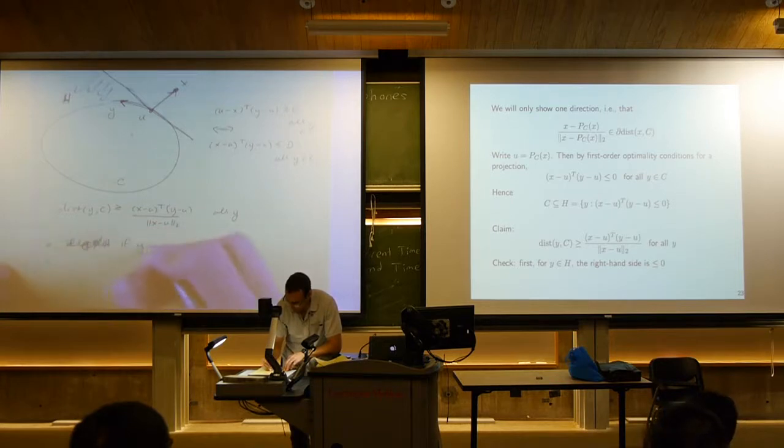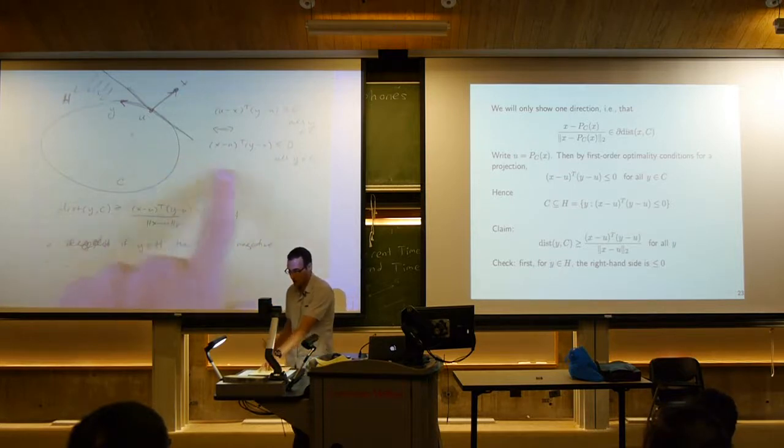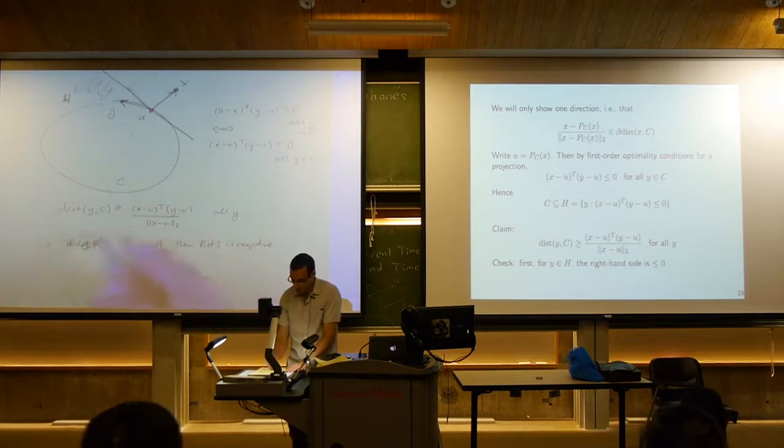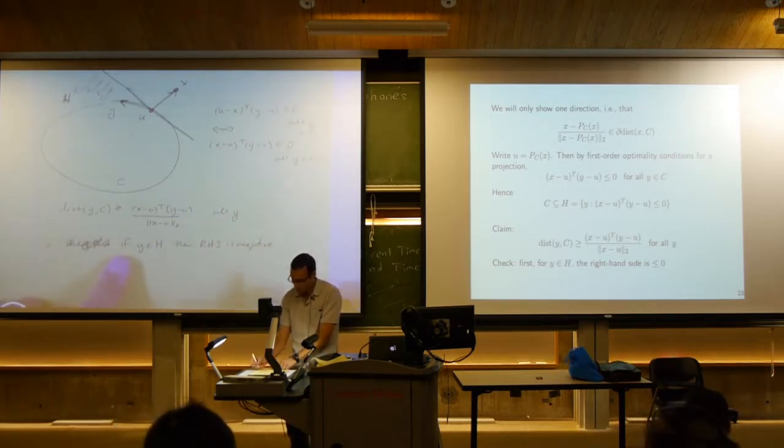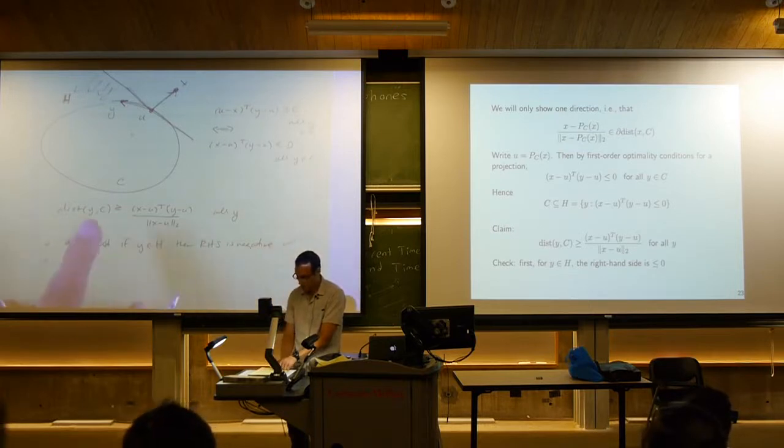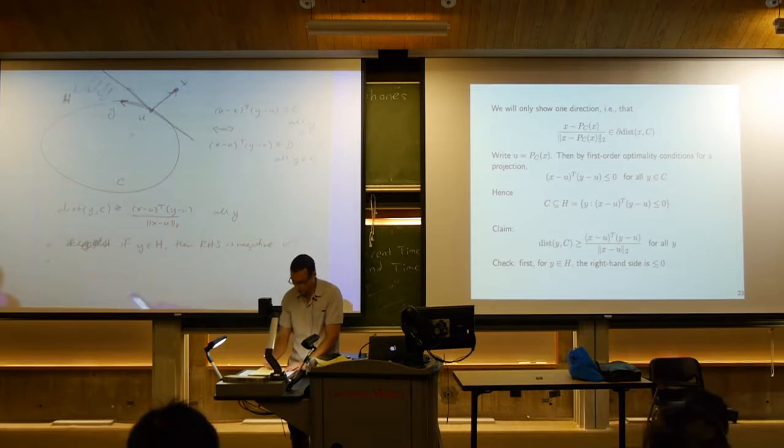If y is in the set H, then the right-hand side is actually negative. By definition, all the points in the half space satisfy this condition. So if we're trying to check this for all y, let's first look at the points y in the half space. That's clearly going to be true because the distance is always non-negative, and this is a negative quantity.